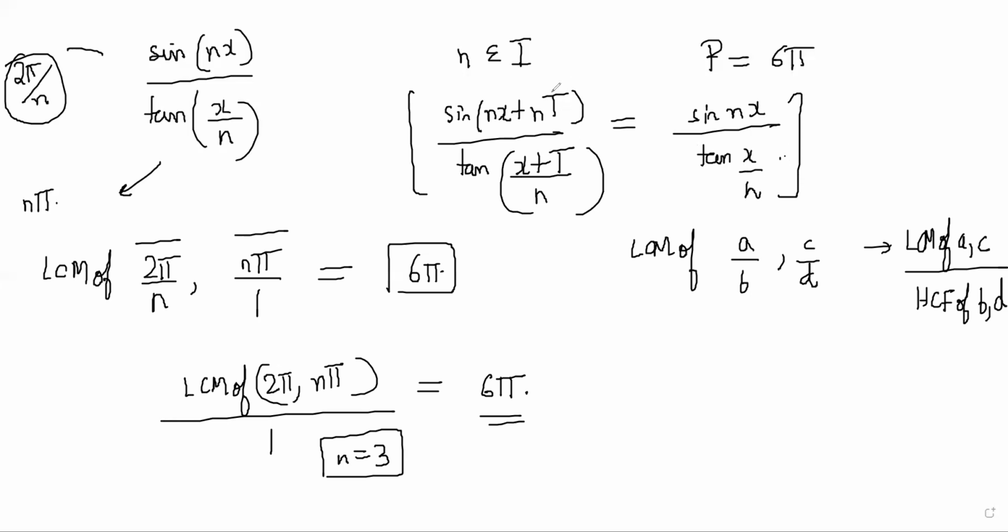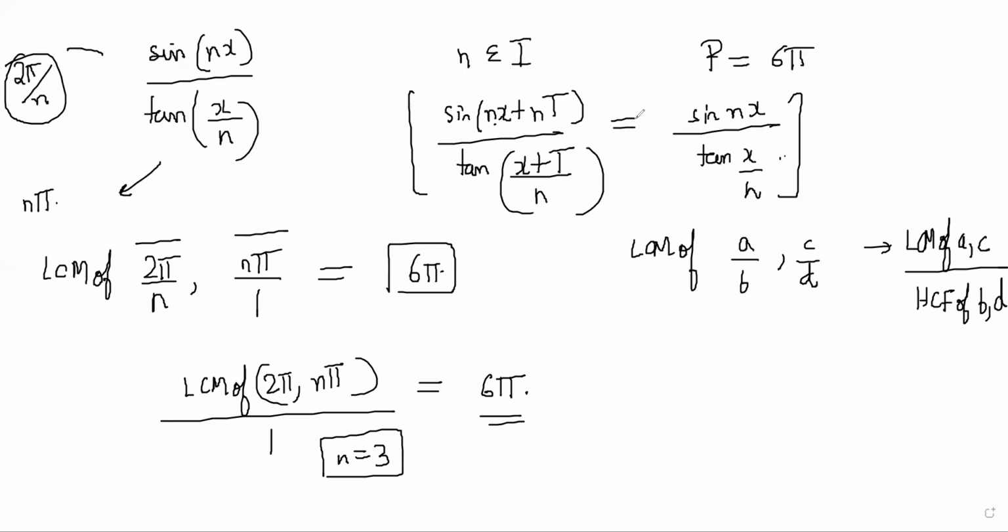Just put 6 pi for t. So 6n pi plus nx, and 6 pi here by n. So 6n pi will make sure that it is sine nx only on top, so you can cancel the sine nx part from both sides.